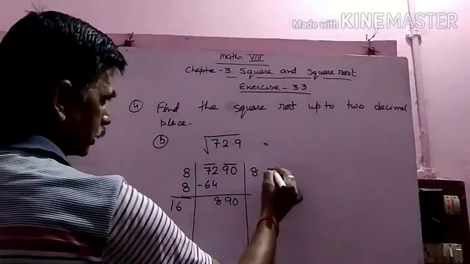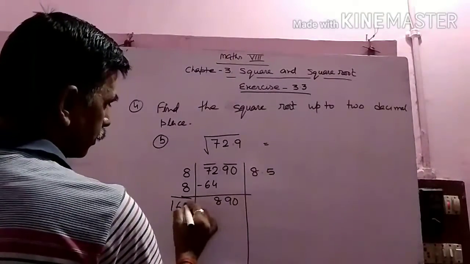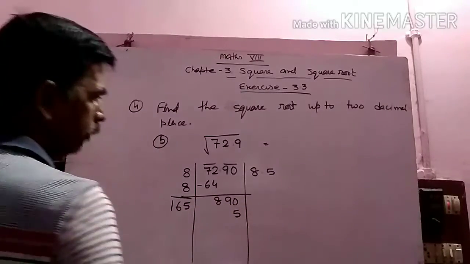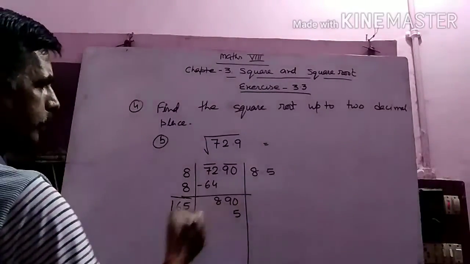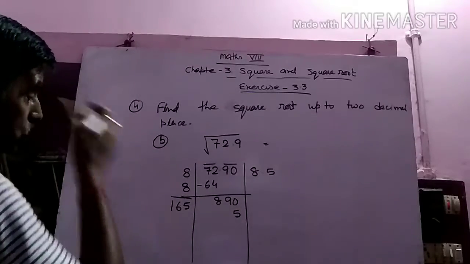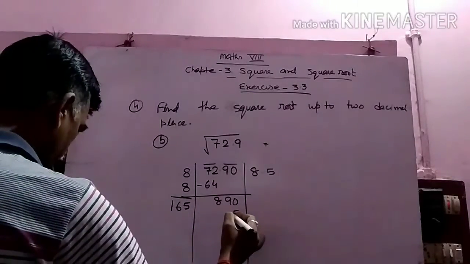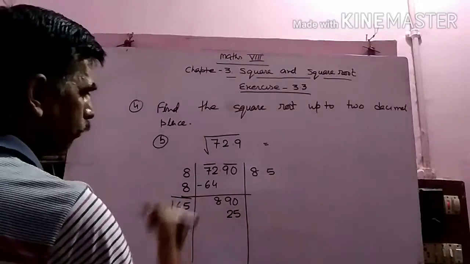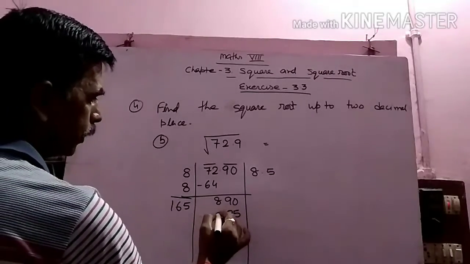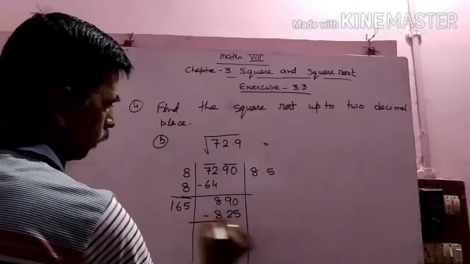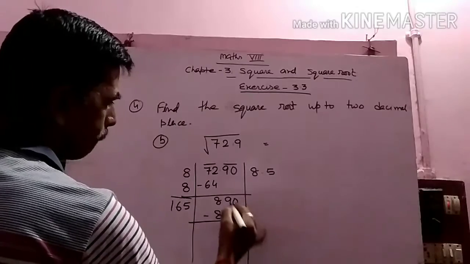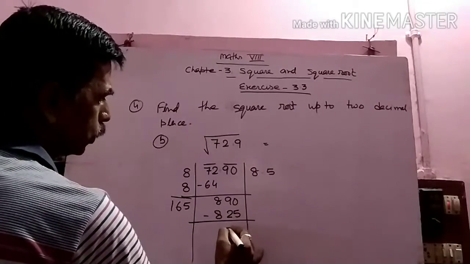Then 6 into 5: 5 fives are 25, carry 2, 5 sixes are 30, plus 2 becomes 32, carry 3, 5 ones are 5, plus 3 is 8. So after subtracting that one, you will get 5. It becomes 8 minus 2.